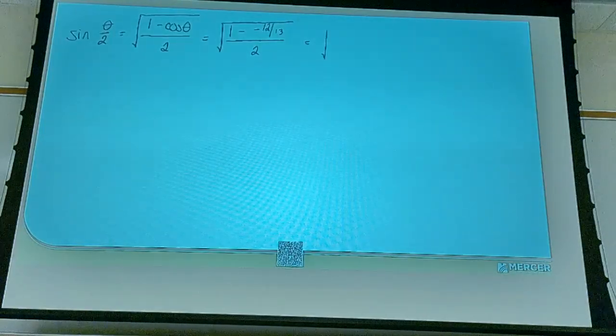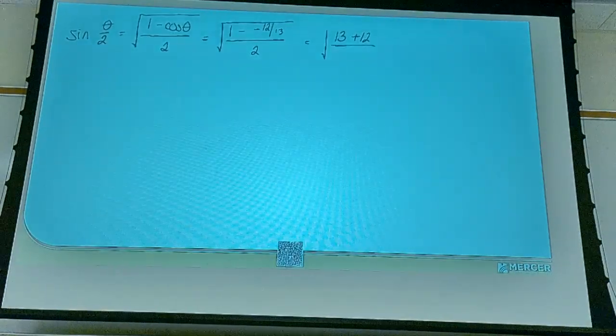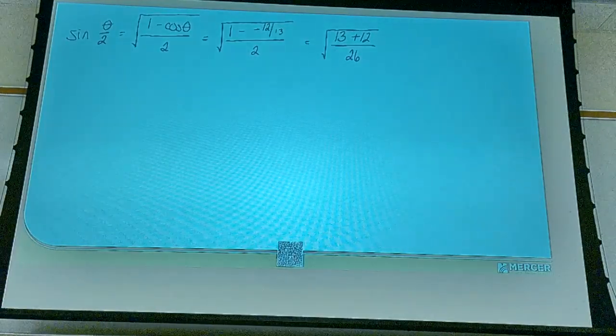We need to clear out the compound fraction. 13 plus 12 over 26.